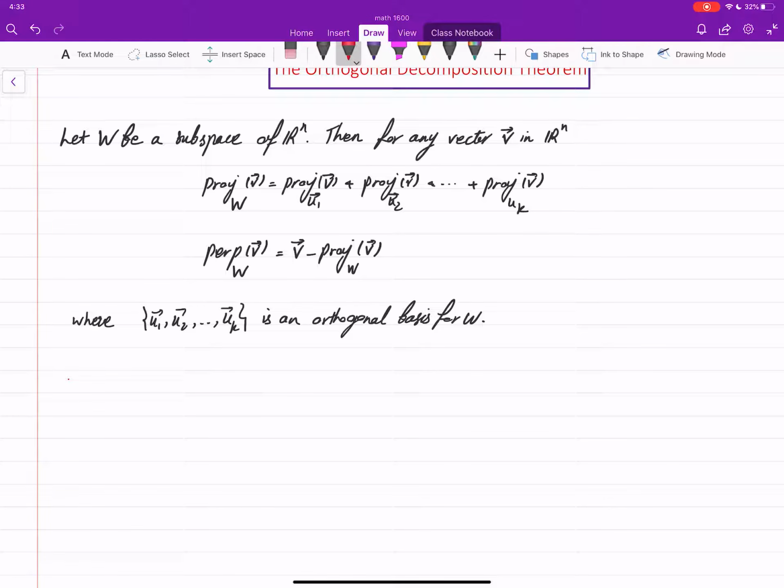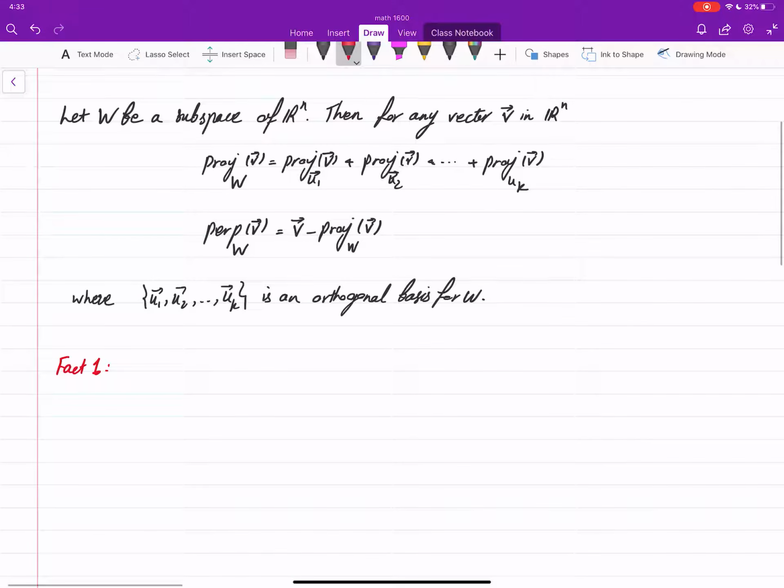The first fact about this projection is that the projection of V onto W is a vector that belongs to the subspace W itself. How do you see that?